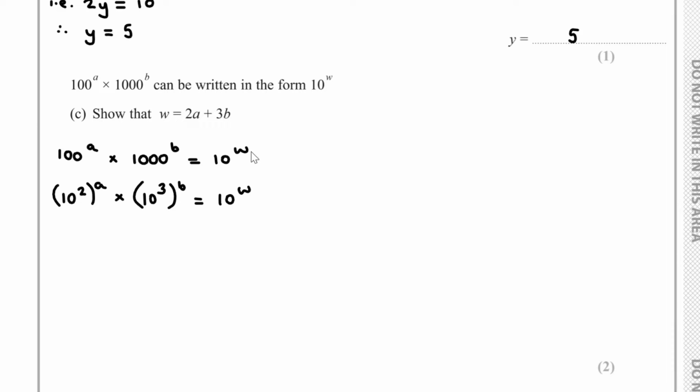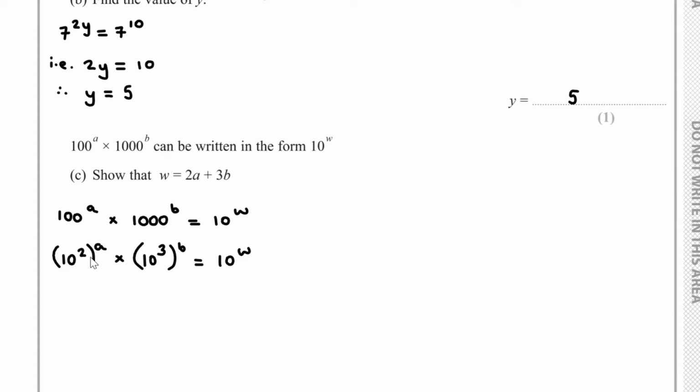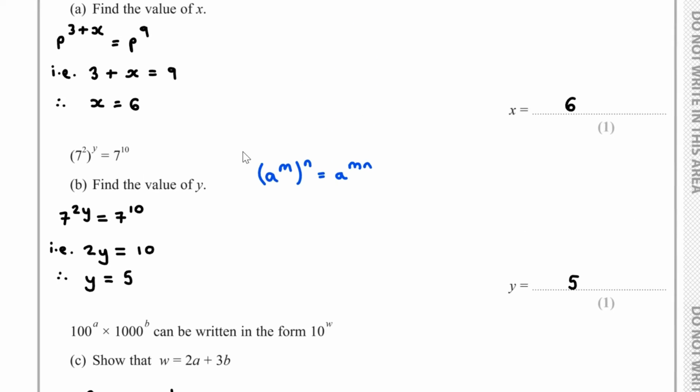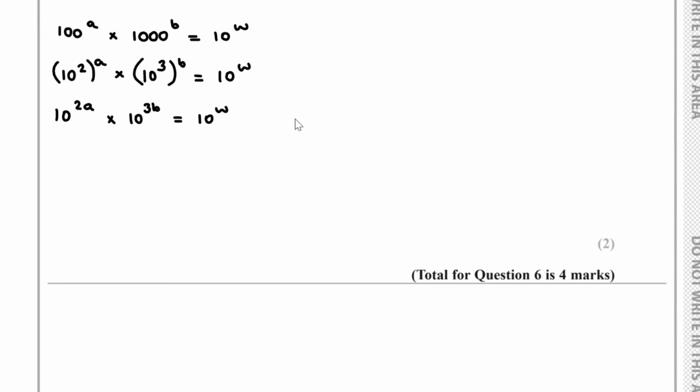If we now use the laws of indices from before, first of all, base to a power to another power, we multiply the powers. So here we've got 10 to the power of 2a times 10 to the power of 3b equals 10 to the power of w. Now with the same base, when we multiply, as we mentioned before, we add the powers.